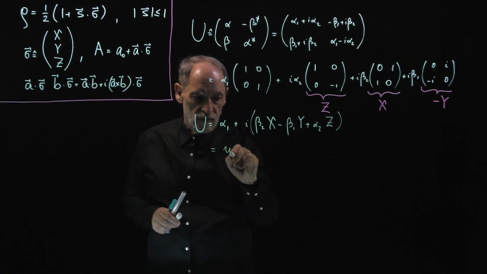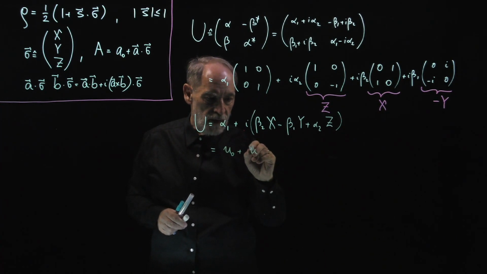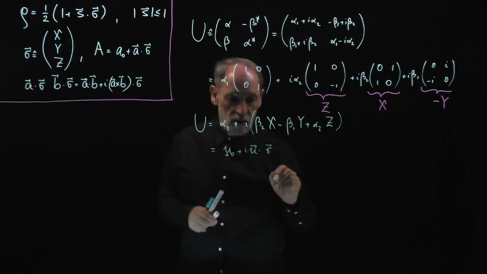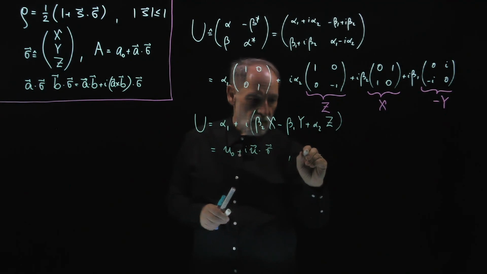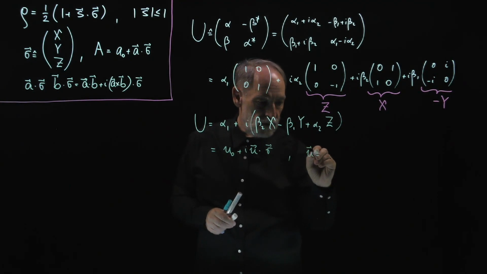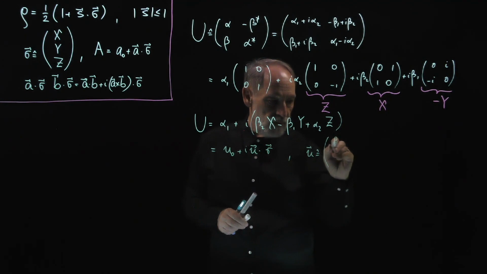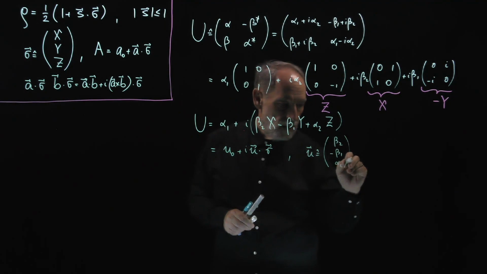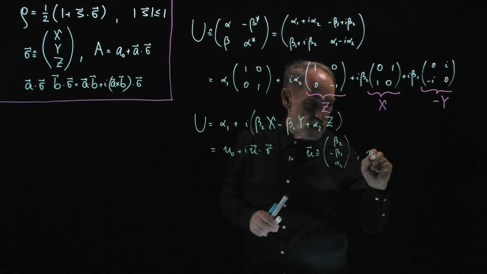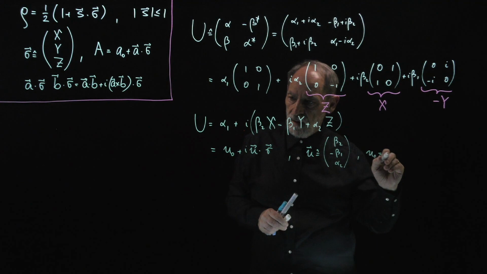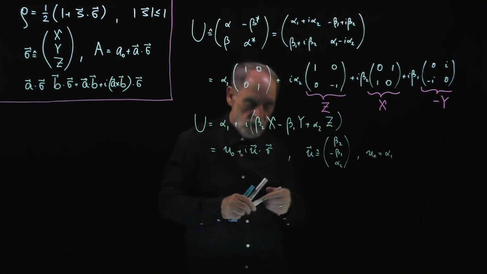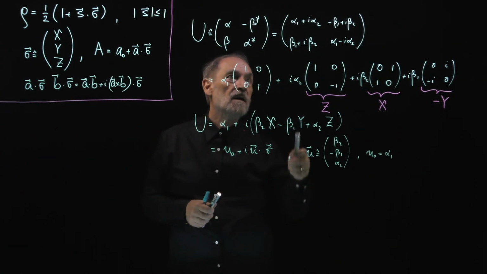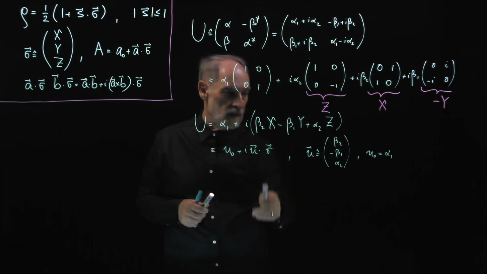So I can now just write U0 plus I times a U vector times sigma, where the U vector has the Cartesian components of beta 2 and minus beta 1 and plus alpha 2, and the U0 constant that multiplies the identity operator is just alpha 1.